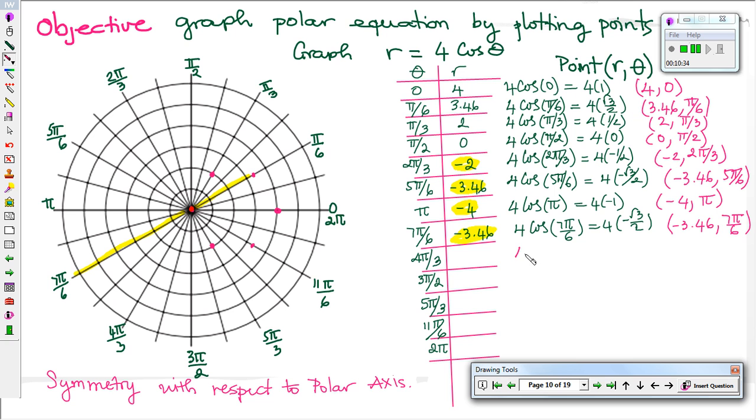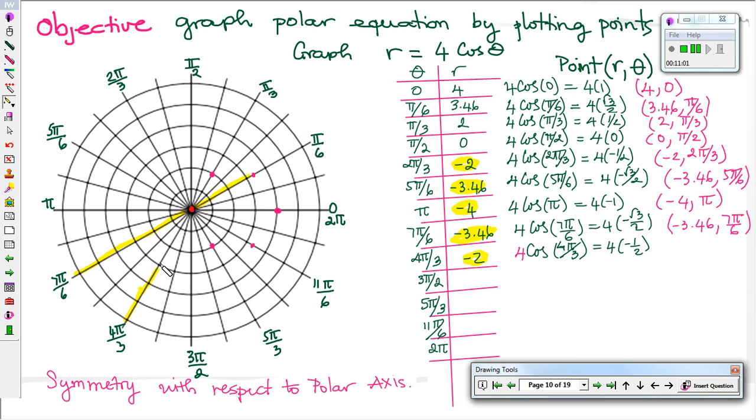Okay, next one, 4 pi over 3. So we do 4 times cosine of 4 pi over 3, which will be 4 times negative 1/2. So that will give us negative 2. Again, we do have negative directed distance.